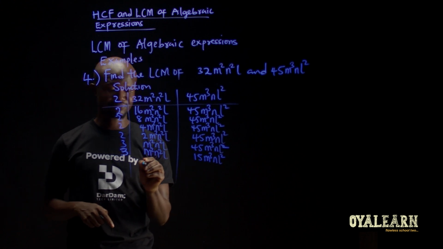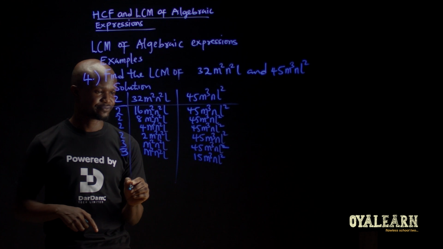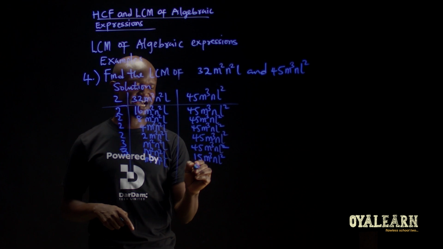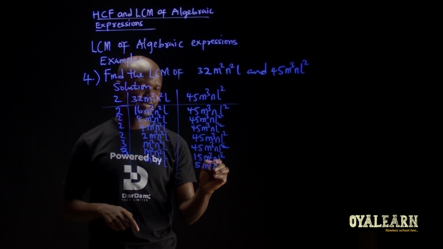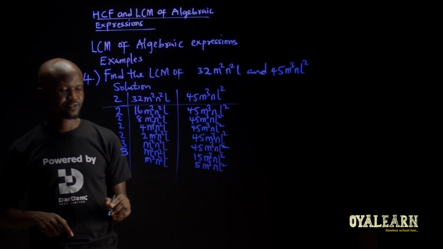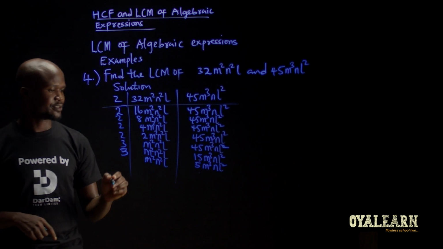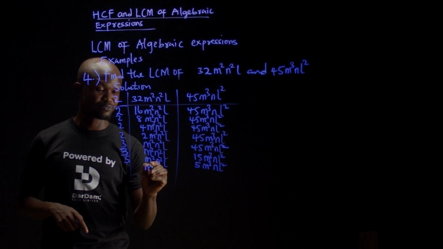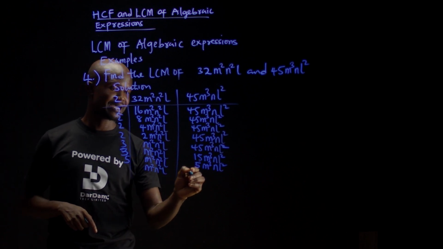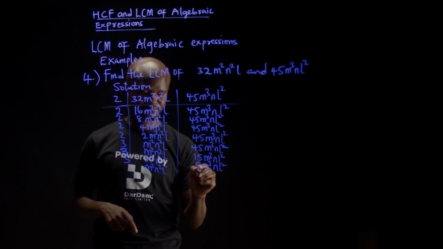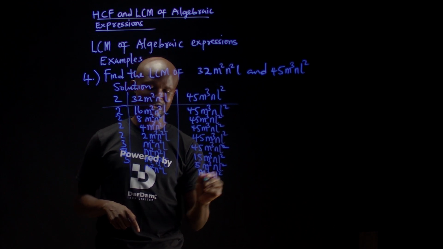We still have this here, and we have 5m³nL², because 15 divided by 3 is 5. Now we have 5 divided by 5, which is 1. So we have m³nL².